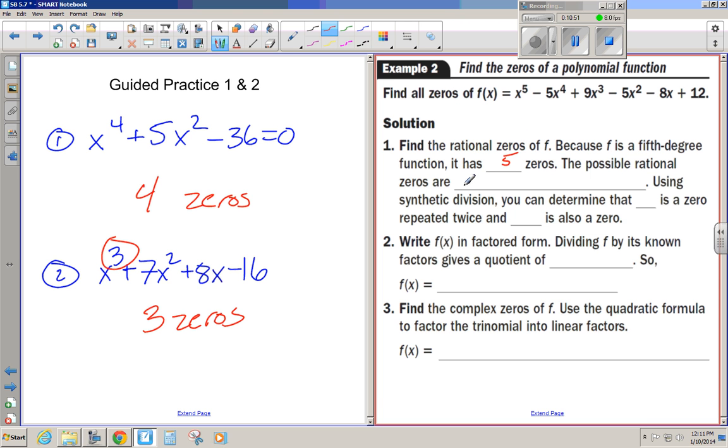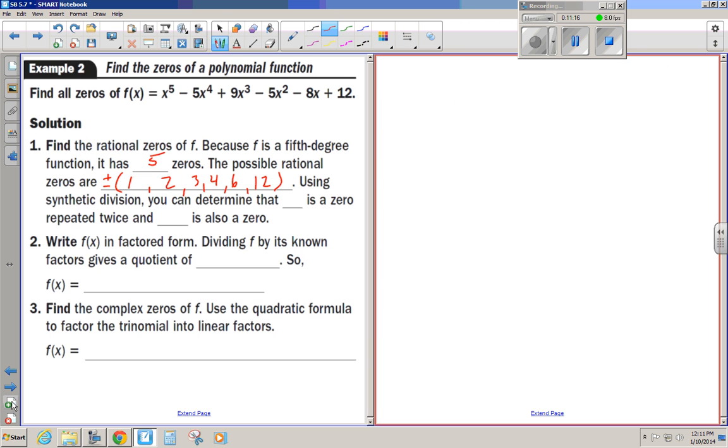The possible rational zeros are plus or minus 1, 2, 3, 4, 6, and 12. Those are the possible ones. So, by using synthetic division, we're going to try to determine which ones might work.